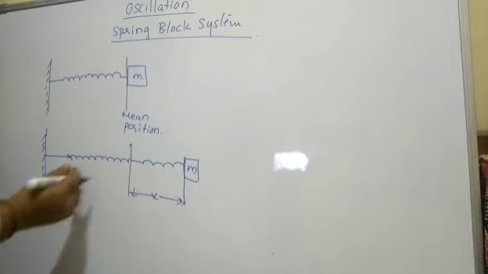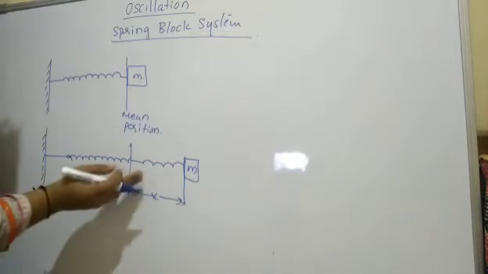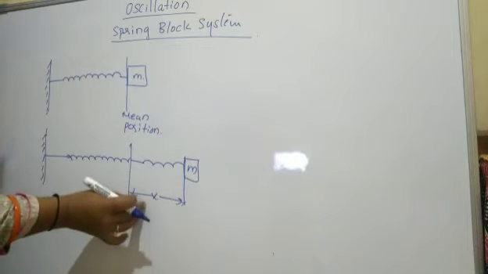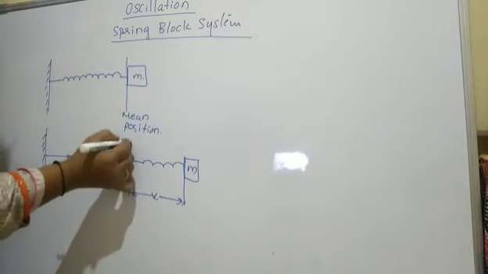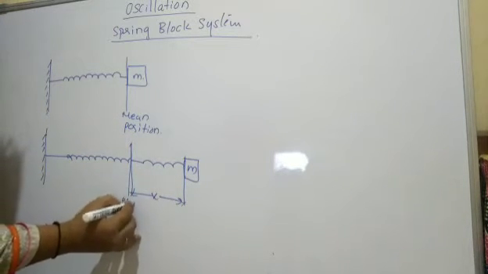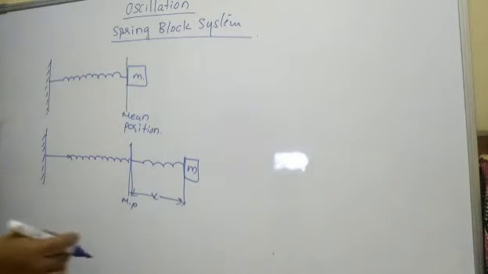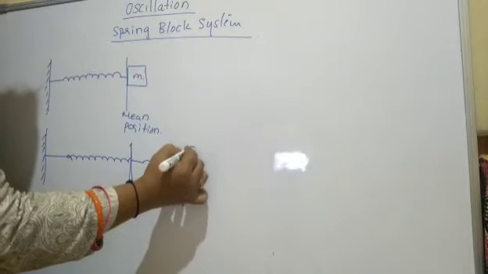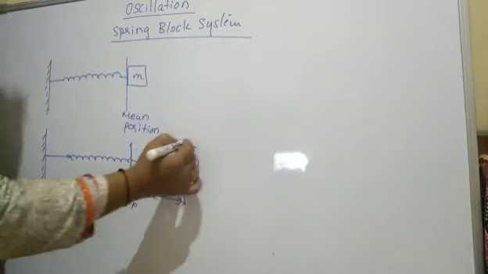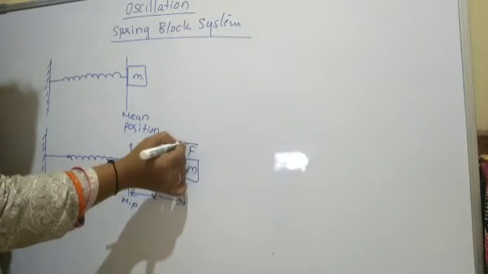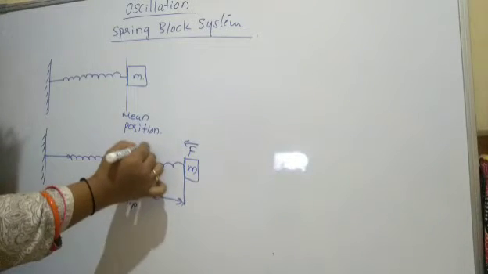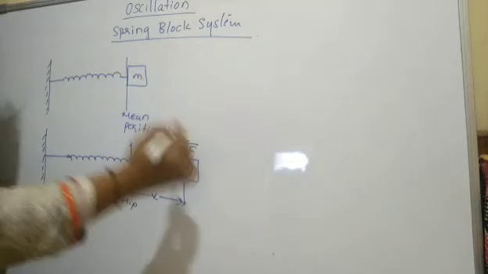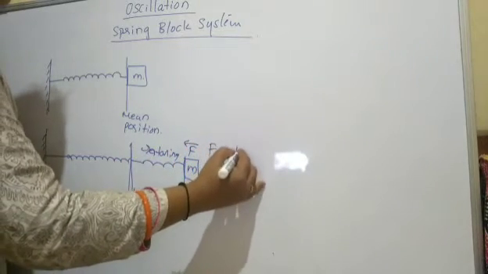So this is the mean position, and this is the position displaced by a certain distance x. A force is acting on that body, moving it backward, and that is nothing but the restoring force, which we have also discussed.